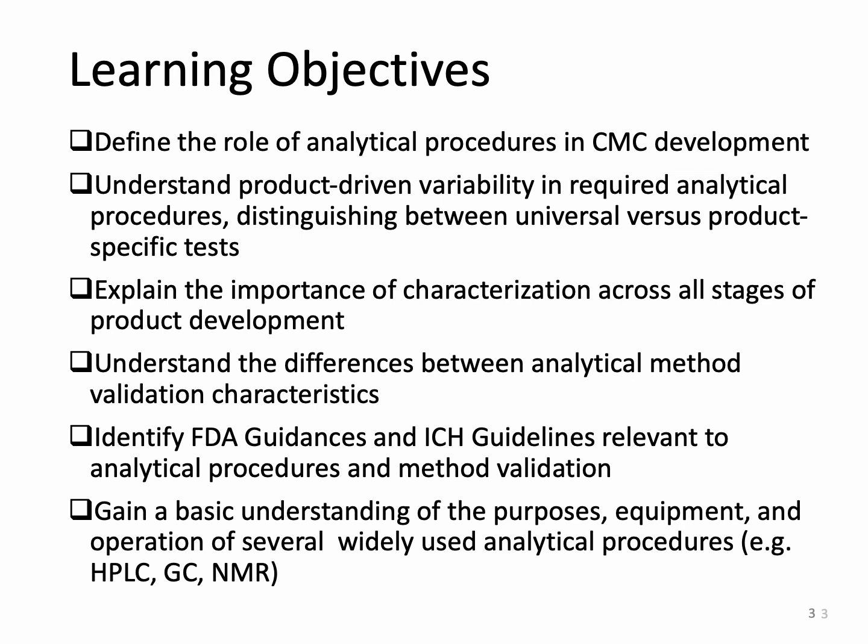We're going to understand the differences between analytical method validation characteristics. We're going to identify FDA guidances and ICH guidelines relevant to analytical procedures and method validation. And we're going to gain a basic understanding of the purposes, equipment, and operation of several widely used analytical procedures like HPLC, GC, and NMR.